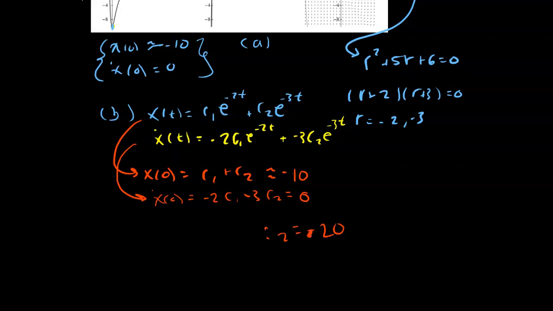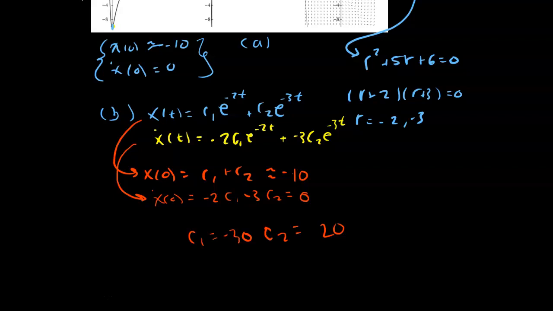Okay, C2 is equal to 20, and if C2 is equal to 20, then C1 is equal to -30. Alright, great. So here are our values.